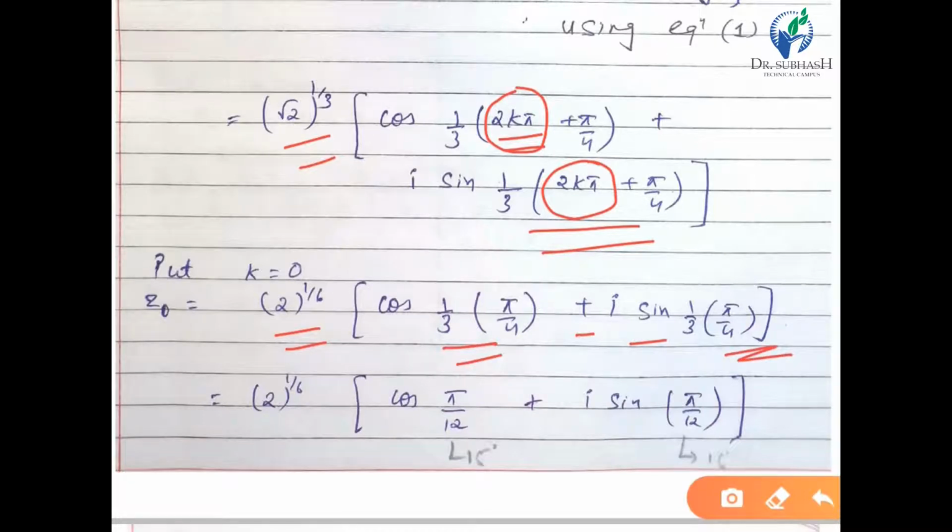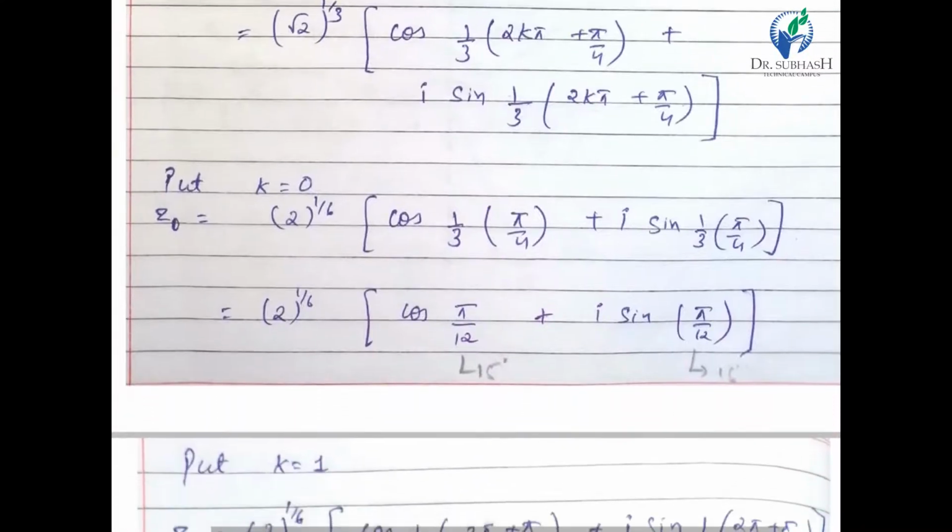Simplifying this a little more, we get cos pi by 12 plus i sine pi by 12. Here I have written 15 degrees below so that we can plot it easily. We can know the approximate values and it will be easy to plot roughly. So this will be approximately 15 degrees.